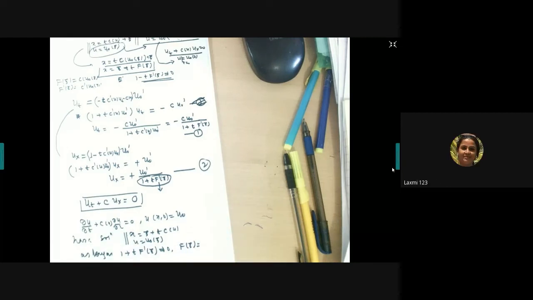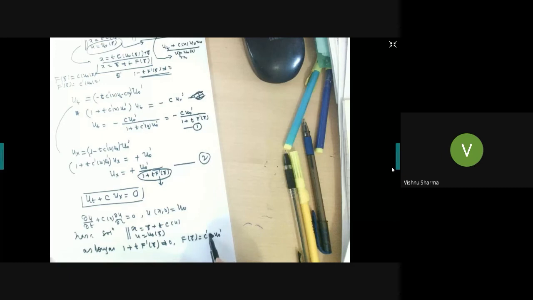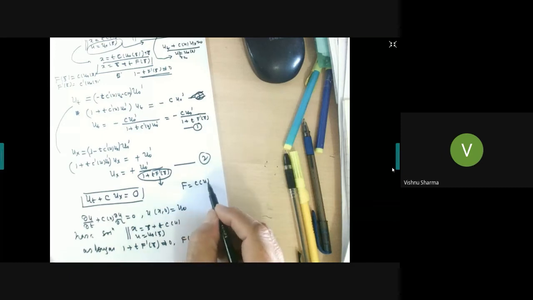It's t c prime u, c dash u naught dash into u naught dash, because f is your c of u. So f dash of xi: u is nothing but u naught xi, so it is c dash of u into u naught dash. Same thing.